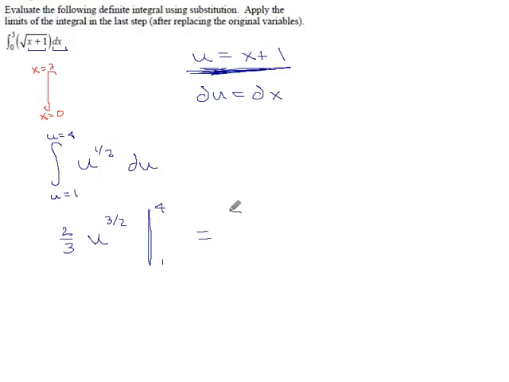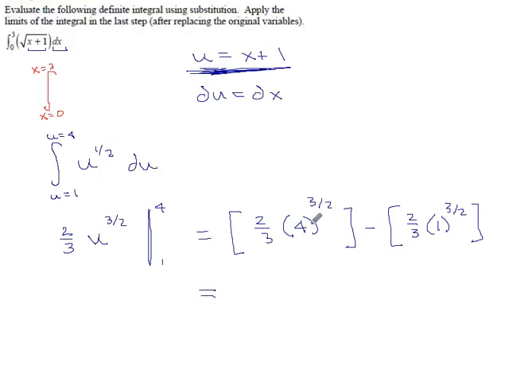And if we do, we get 2/3 of 4 to the 3 over 2 minus 2/3 of 1 to the 3 over 2. 4 to the third is 64.